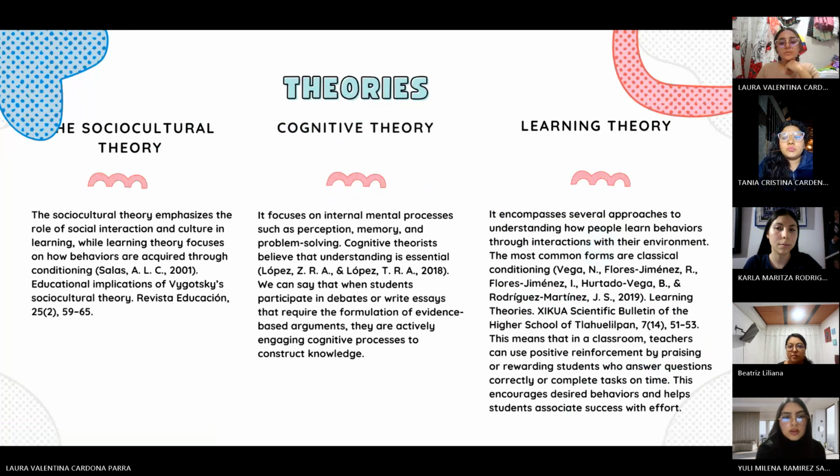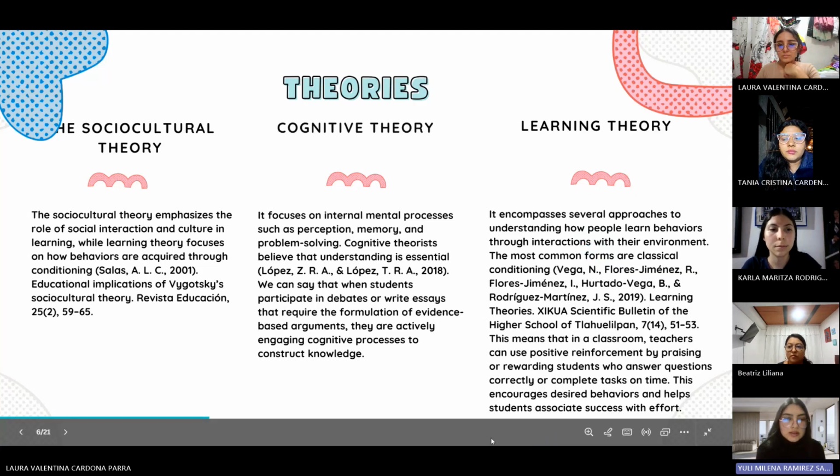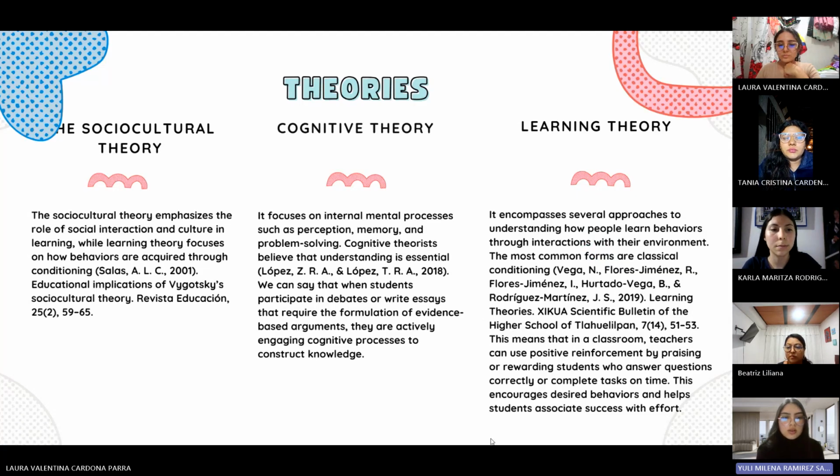Theories. The sociocultural theory emphasizes the role of social interaction and culture in learning, while learning theory focuses on how behaviors are acquired through conditioning. The second one, cognitive theory, focuses on internal mental processes such as perception, memory, and problem solving.